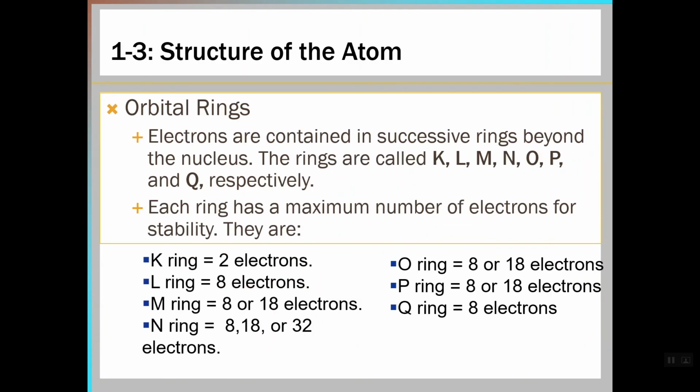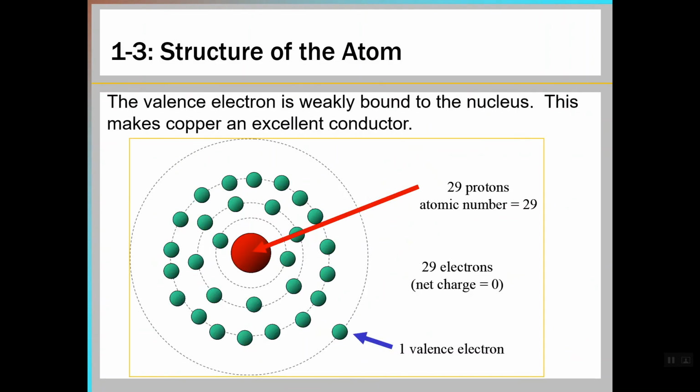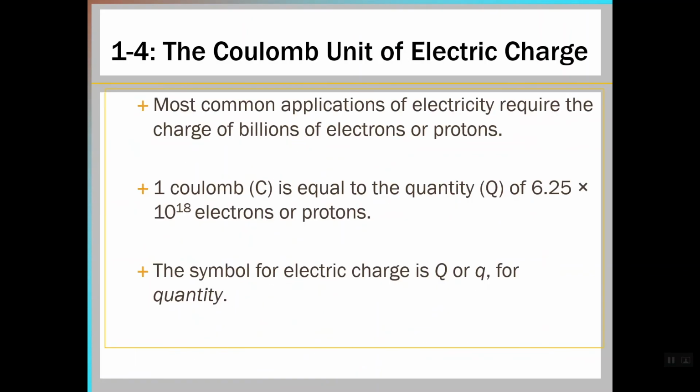Now, we talked about the structure of the atom. Read through this. That's great. The thing that we need to learn out of this is we define a coulomb as equal to 6.25 times 10 to the 18th electrons.